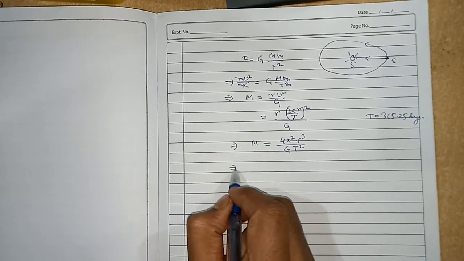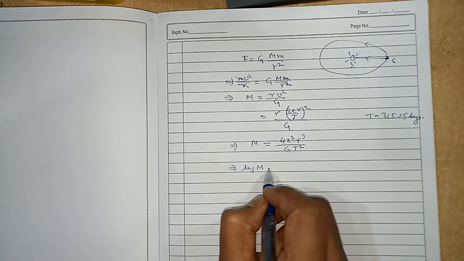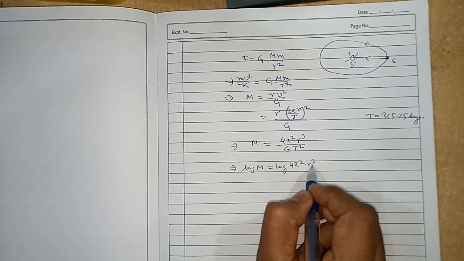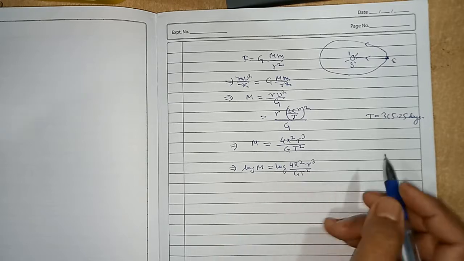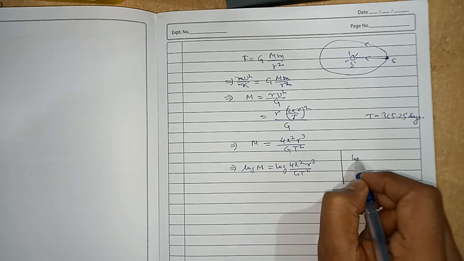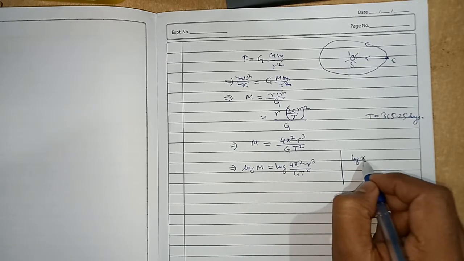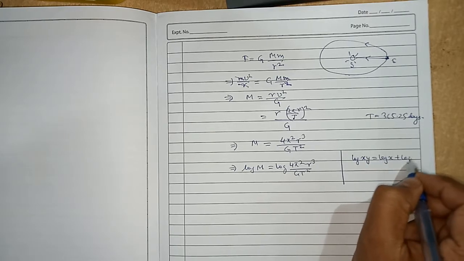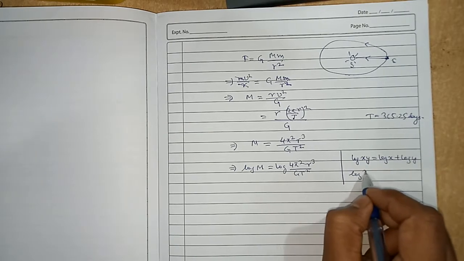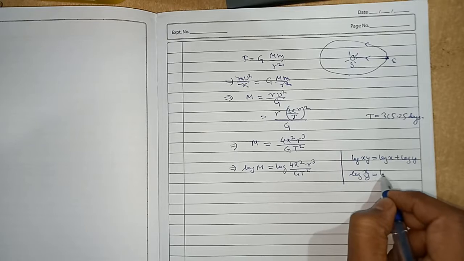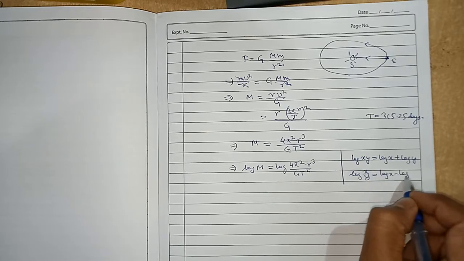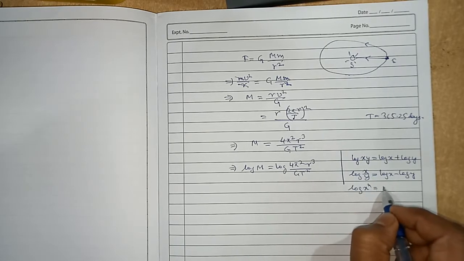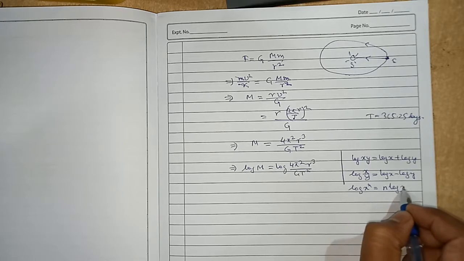Let us apply log on both sides. To simplify this, we have to use these formulas of log. Log x into y is log x plus log y. Log x by y is log x minus log y. Log x to the power n is n log x.